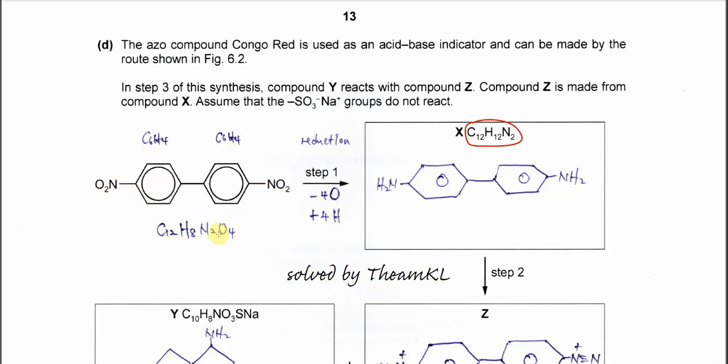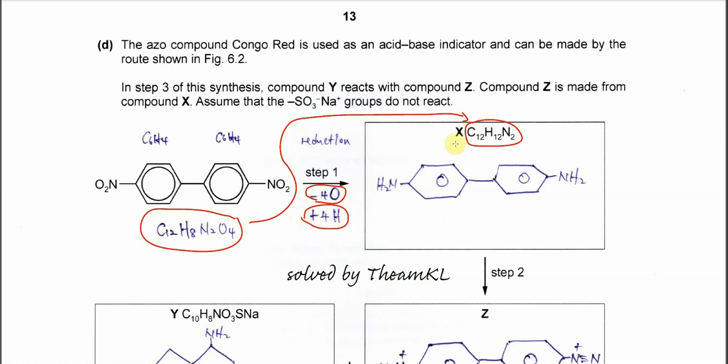Therefore, the molecular formula is C12H8N2O4. Compare this with the molecular formula of X. You will know it actually removes 4 oxygen and adds 4 hydrogen.